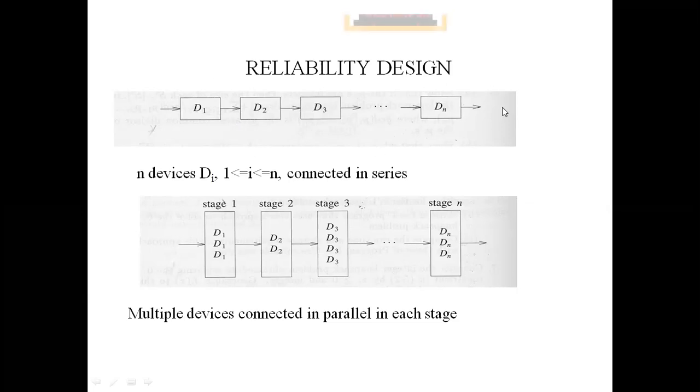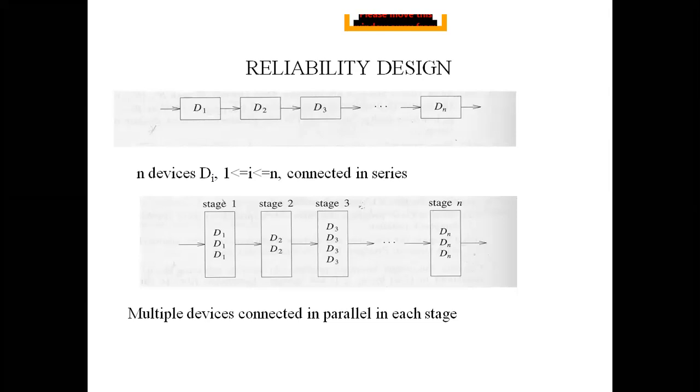So instead, if you take each device type to be multiple devices, then you can improve the reliability. Suppose D1 is the first device type. In stage 1 we are taking three devices, D1, D1, D1. In stage 2, you are taking two devices, D2, D2.